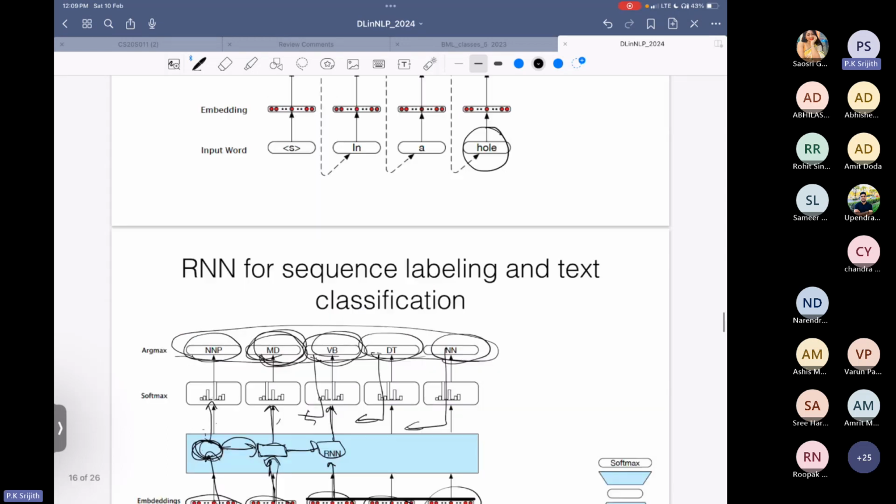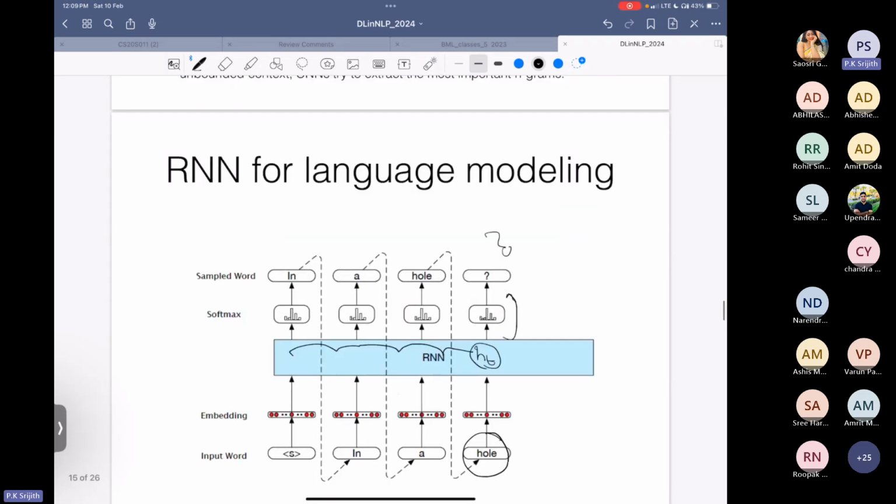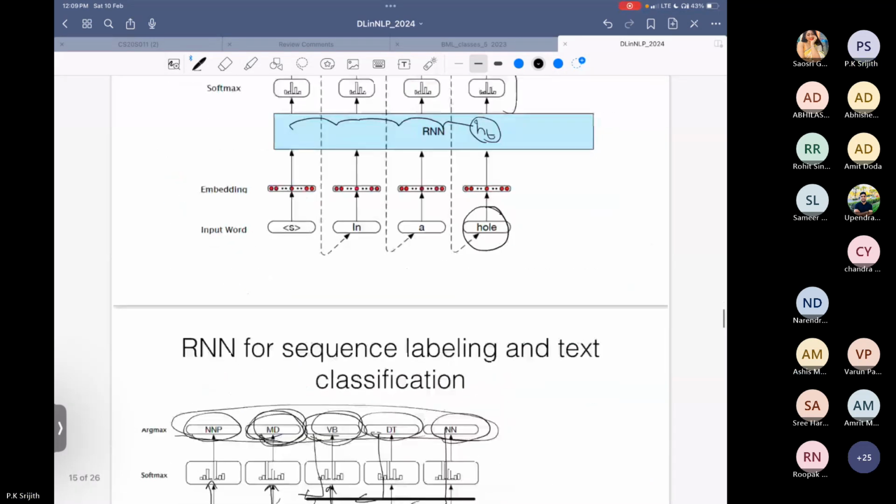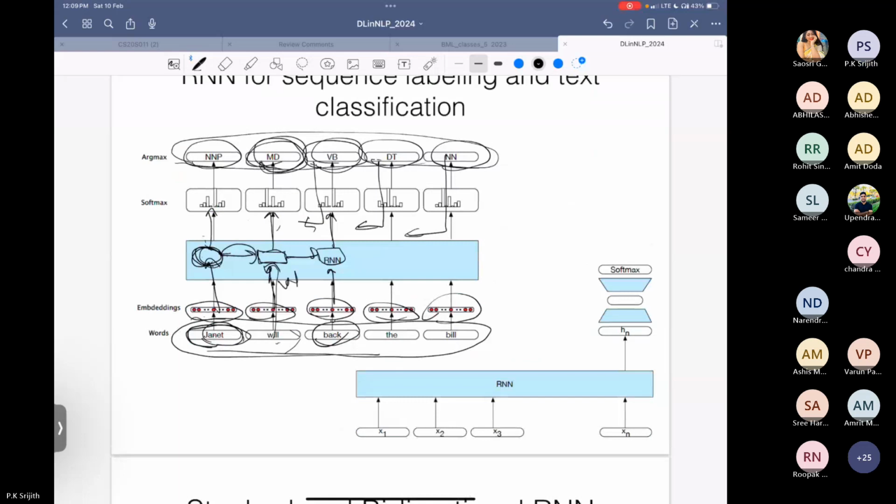Here we have considered these parameters U, W, V. So this is W, U, V. Okay, so you can learn all these parameters by doing a backpropagation over time. How to do a backpropagation over time, you can learn in the deep learning course.